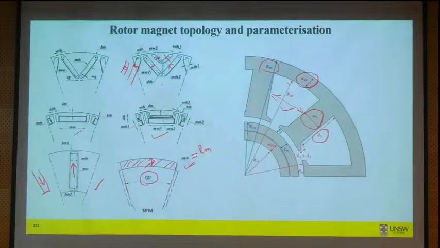Because your pole numbers can always be even only. You cannot have odd. Okay? If you have an odd number, let's say 5 pole, the 5th one is not going to contribute anything. It will be simply like your interpole or some other thing. It is not going to contribute to your torque production.